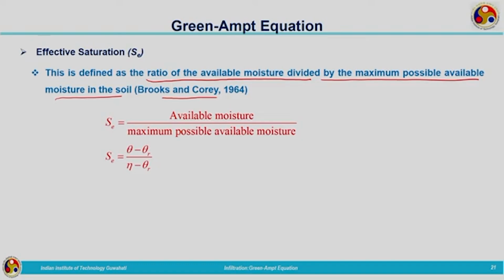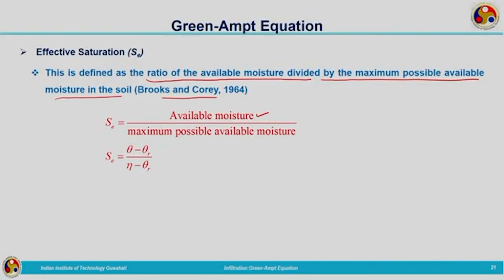That can be written as SC is equal to theta minus theta R divided by eta minus theta R. At a particular time instant the moisture content is theta, and initially we had the residual moisture content theta R. So the available moisture content will be theta minus theta R, and the maximum possible available moisture content will be porosity minus theta R. That is what is represented in the equation: SC is given by theta minus theta R divided by eta minus theta R. So theta can vary between theta R and saturation, eta.